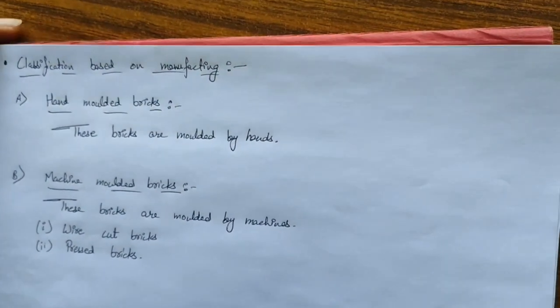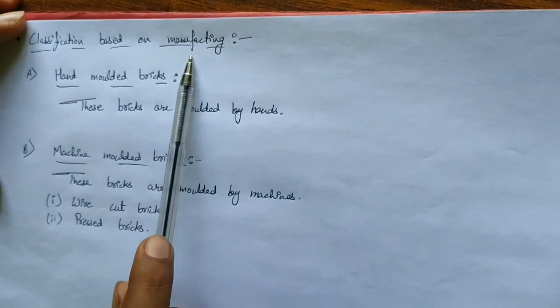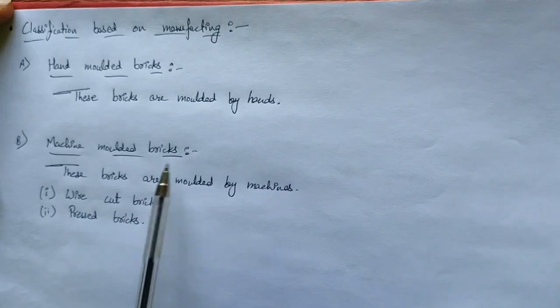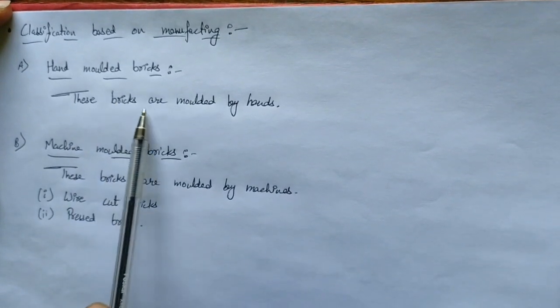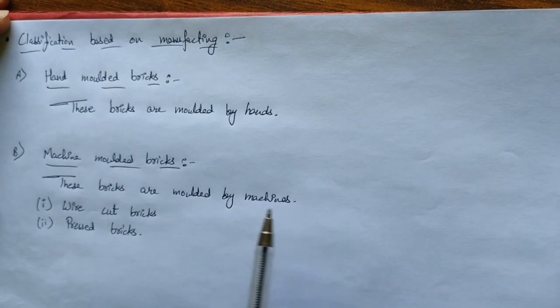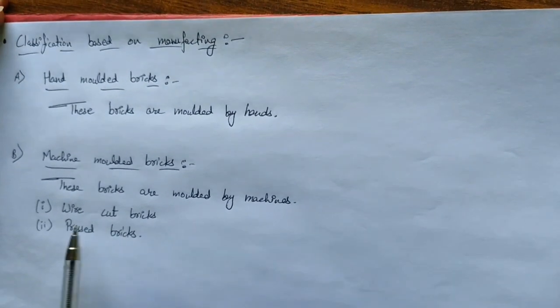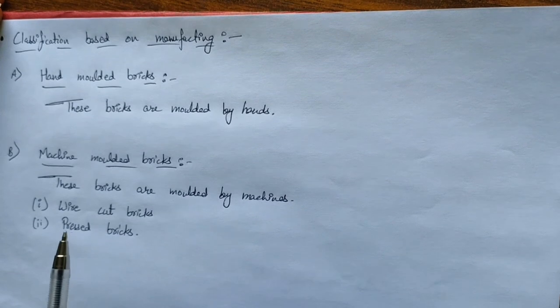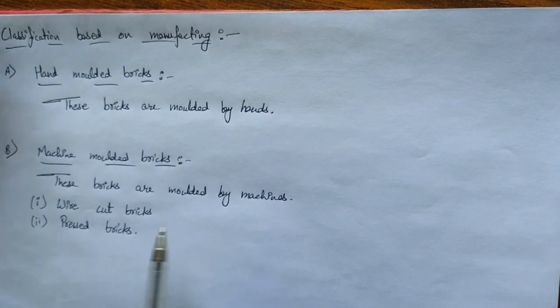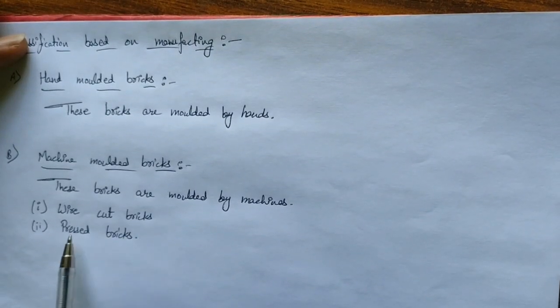Our next classification is based on manufacturing. There are hand molded bricks and machine molded bricks. The hand molded bricks are molded by hands, and machine molded bricks are molded by machines. In machine molding, there are two different methods to mold the bricks: wire cut bricks and pressed bricks.